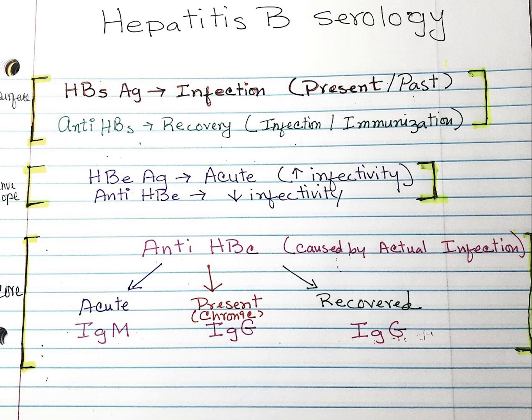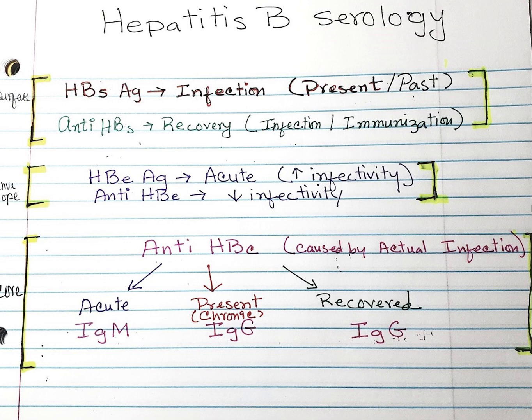Core antibody can be acute, present or chronic, or can be recovered. Acute, we will know by IgM, germ major. If it is chronic, we will know by IgG. Remember, C looks like G almost. So chronic, IgG. Recovered, gone, IgG again.